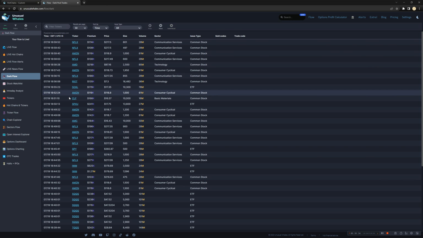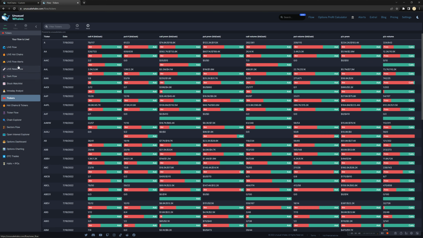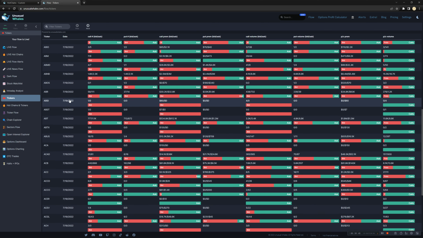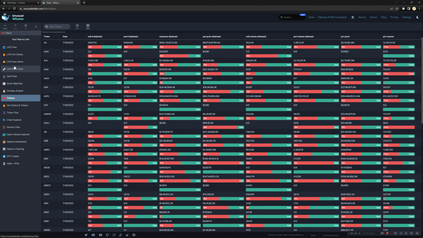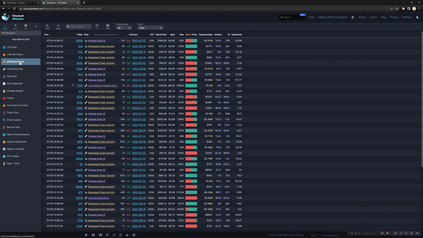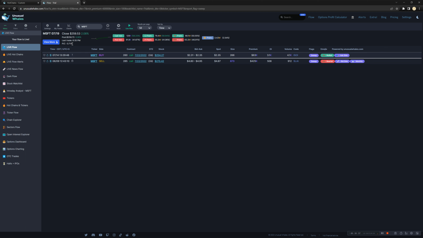So Darkflow definitely tells me what stocks I'm probably going to call off for that day. Tickers, I get to see all these stocks, every single stock kind of moving. But yeah, the hot chain, LiveFlow alert. If there's suddenly a spike in a contract, I'll see it.